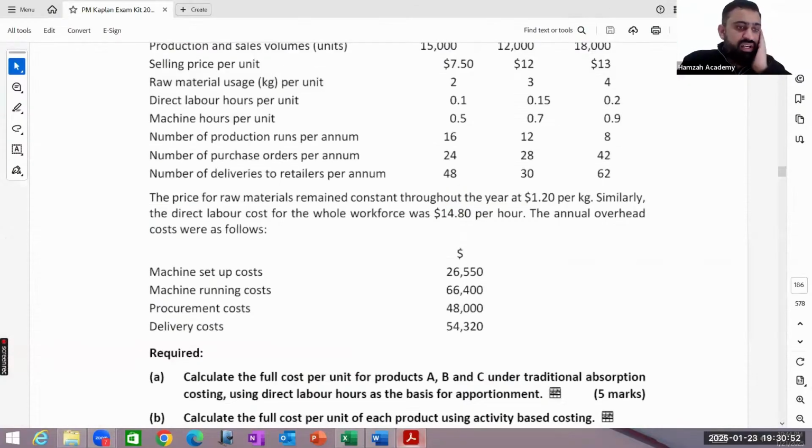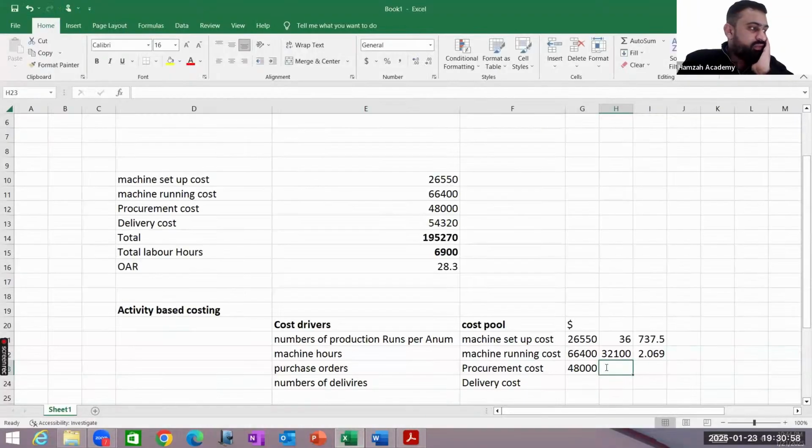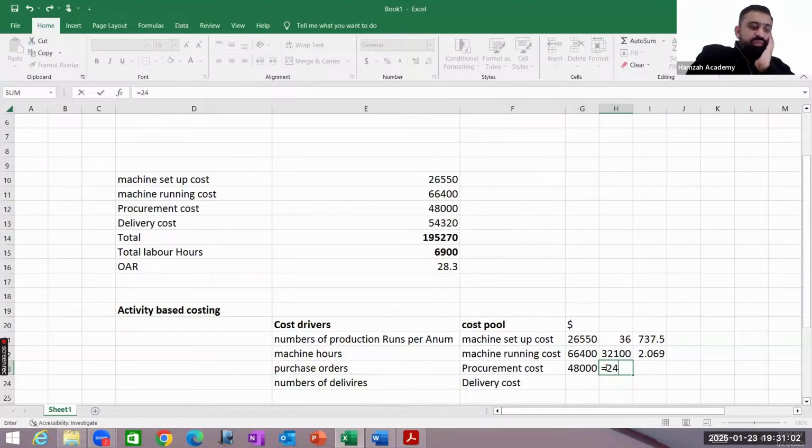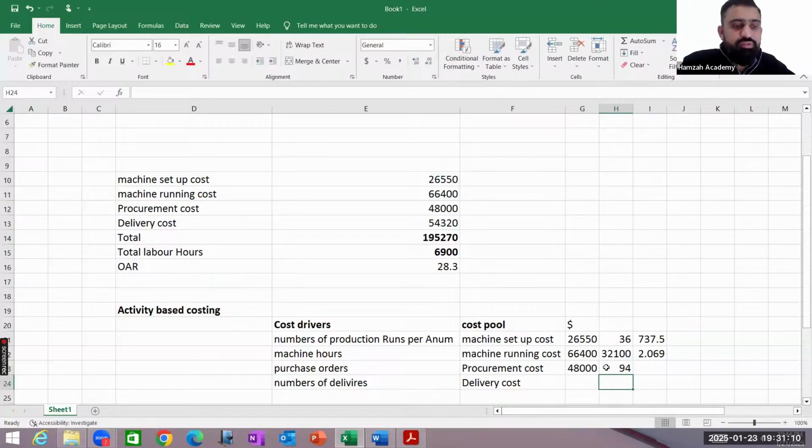The purchase orders are 24, 28, and 42. 24 plus 28 plus 42 is 94.